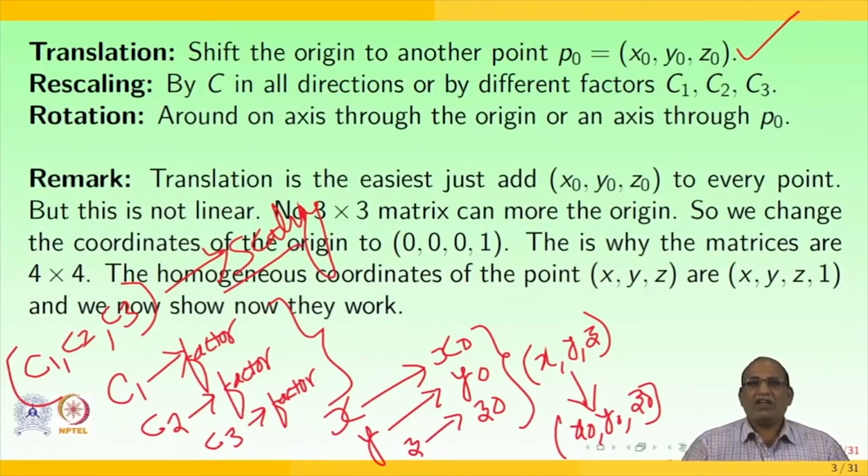Then rotation around an axis through the origin or an axis through the point P0.